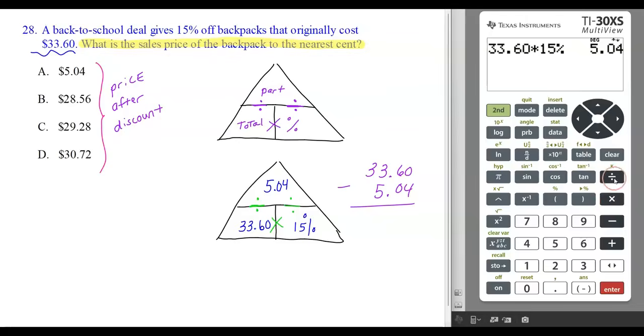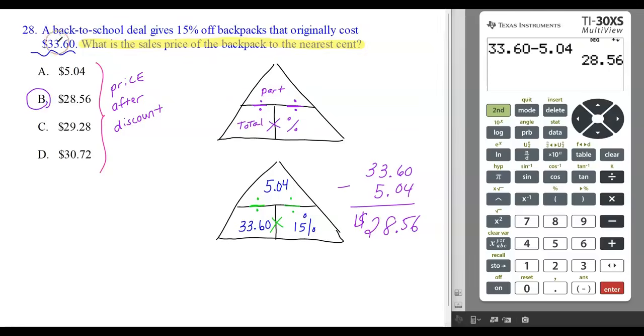Let's do this piece here. 3360, the original price of the backpack, minus the part or the discount, 504. Enter, and it's $28.56. And that is the new price of the backpack, $28.56, which is B.